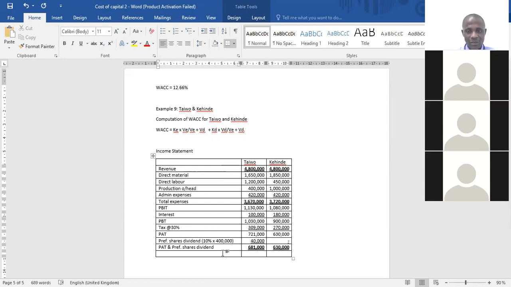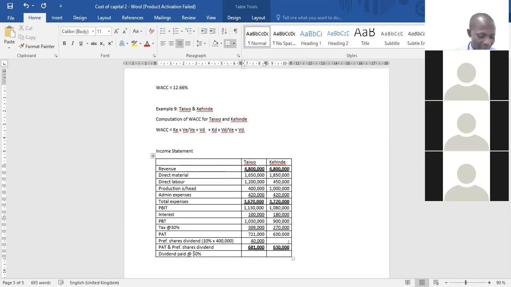And the question tells us that we are paying dividend of 50%. So dividend paid is 50%, Abi. Let me put it there. Dividend paid at 50%. So that is 50% of 681.